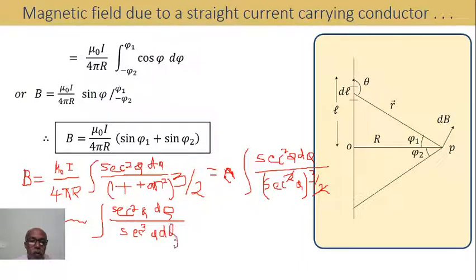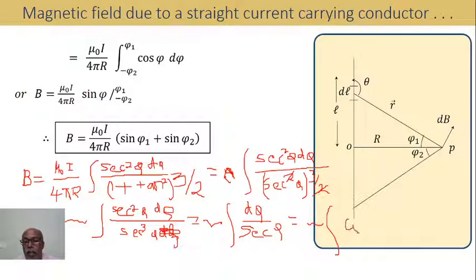Therefore, this becomes constant into integral d phi by secant phi. Sorry, the d phi is not there in the numerator, it is secant square phi d phi by secant cube phi, which is d phi by secant phi, or this will be equal to some constant into integral cos phi d phi.